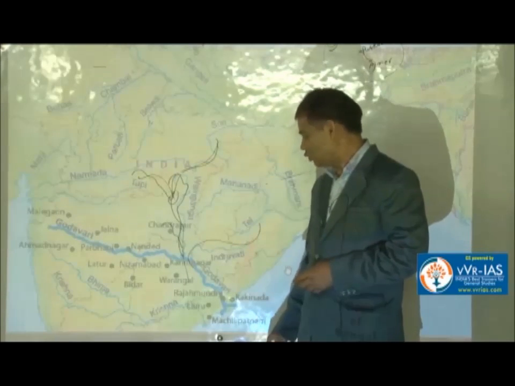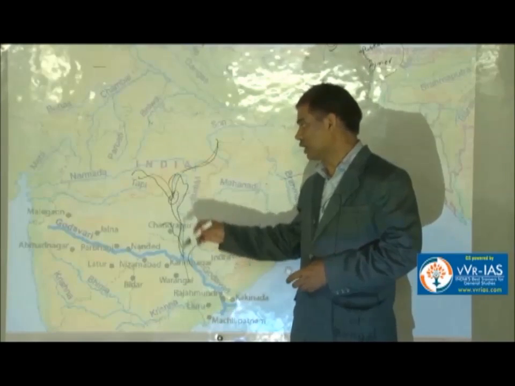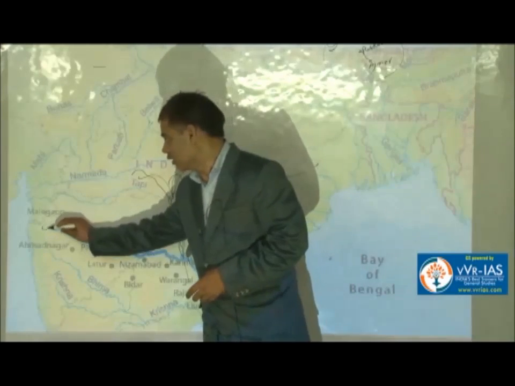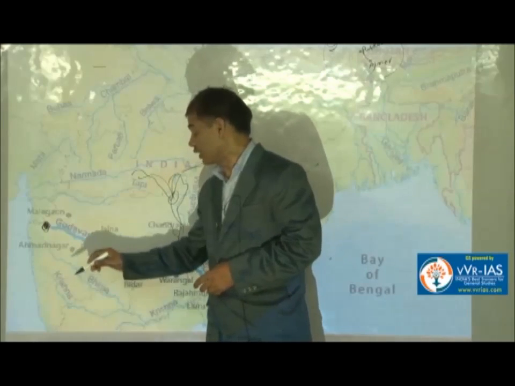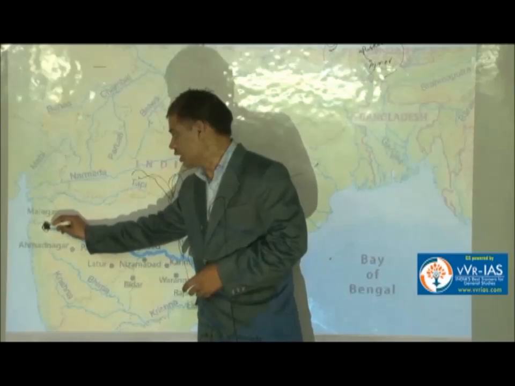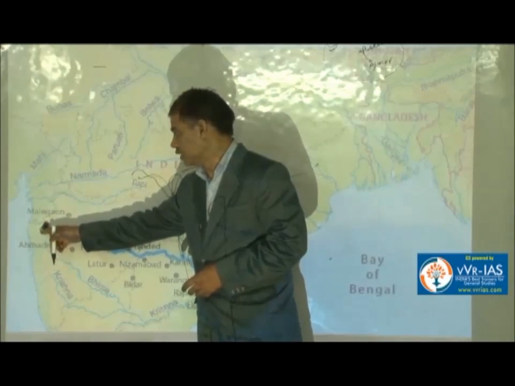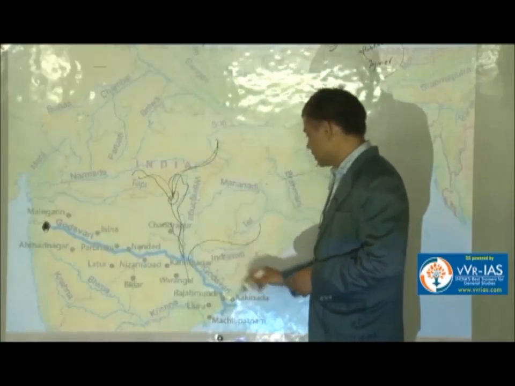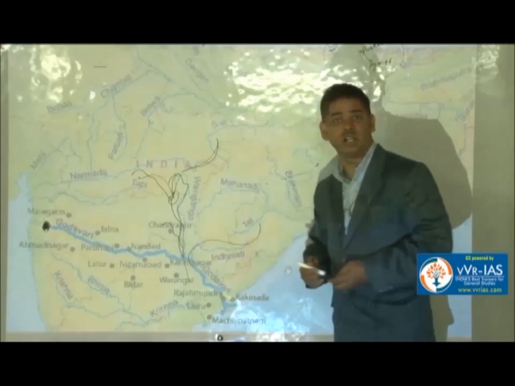Indravati comes from Chhattisgarh, and then it meets the Godavari. Godavari originates from the Western Ghat near Nasik, that is here in Maharashtra. So in this way, this is the Godavari. The answer is the Pranahita and also the Indravati.